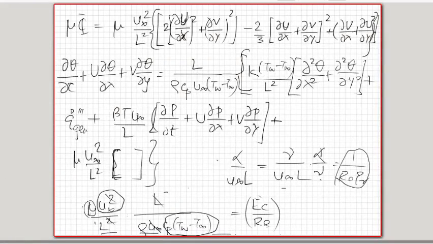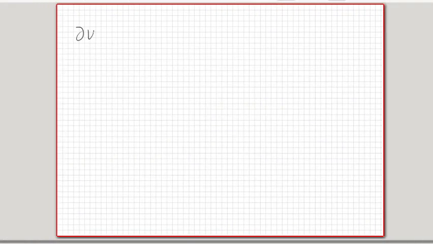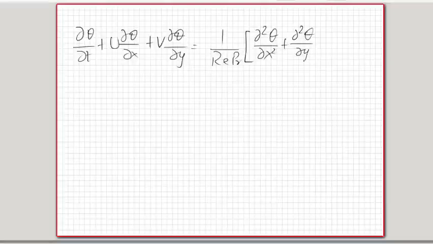So if I complete this equation in the non-dimensional form, I'll get del theta by del t plus u del theta by del x plus v del theta by del y is equal to 1 over Re Pr multiplied by del squared theta by del x squared plus del squared theta by del y squared, plus the q dot gen, which will get normalized in the same fashion as we saw last time.